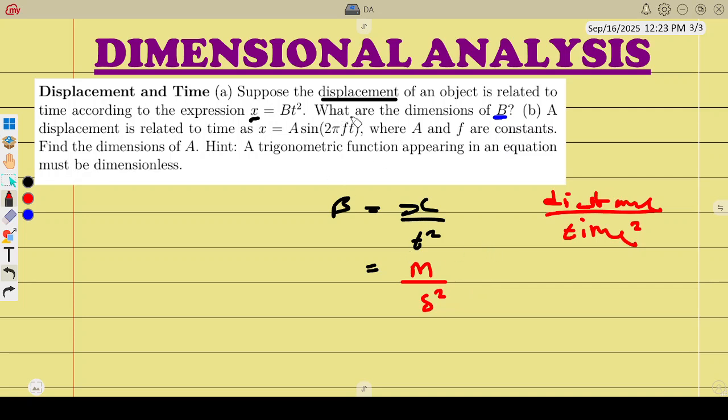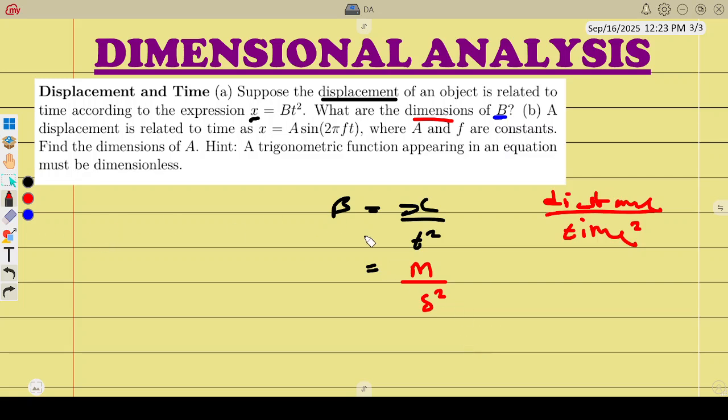If the question said find the units, we could have said, okay, these are the units, and we could even write it as meters per second squared, or as meters times seconds to the power of minus 2. But the question didn't say find the units, it said find the dimensions. So we have to find the dimensions here.